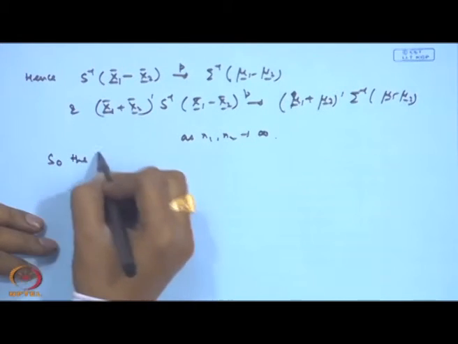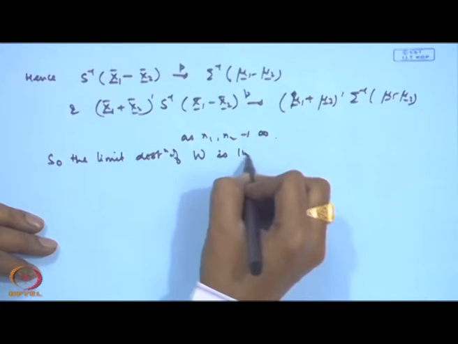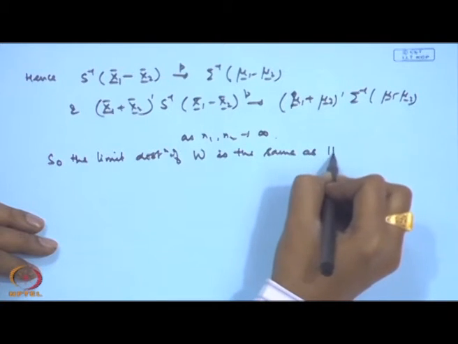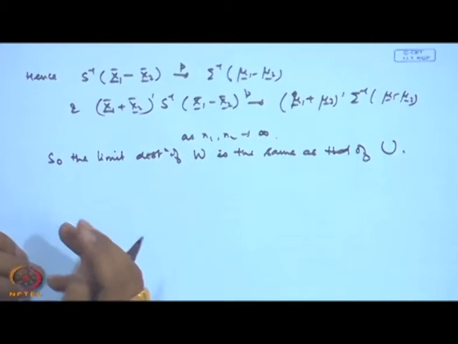So, the limiting distribution of W is the same as that of U. So, basically we can say that for large sample size we are behaving as if the parameters of the populations are known, and therefore, the probabilities of misclassification will be similar to the probabilities of misclassification as in the known parameter case. So, that means, we are not going to do much worse here, it will be basically almost the same here.